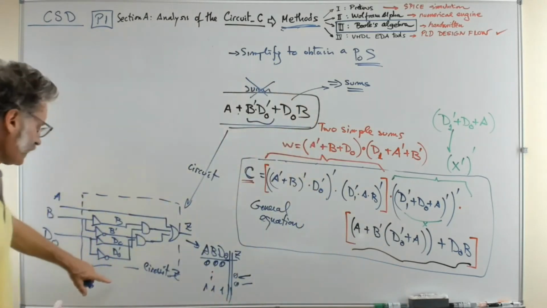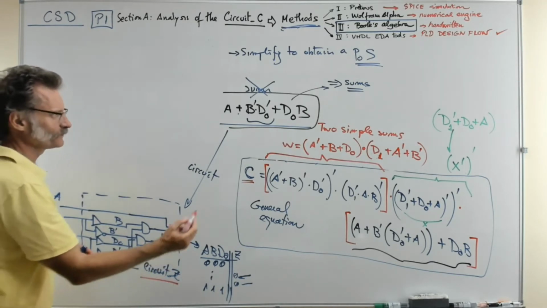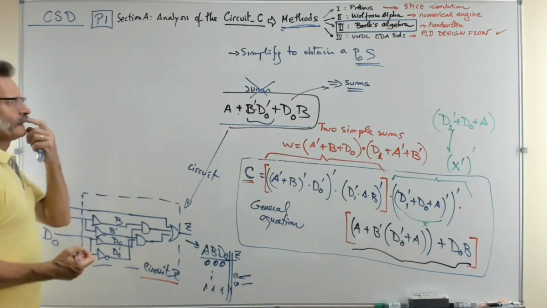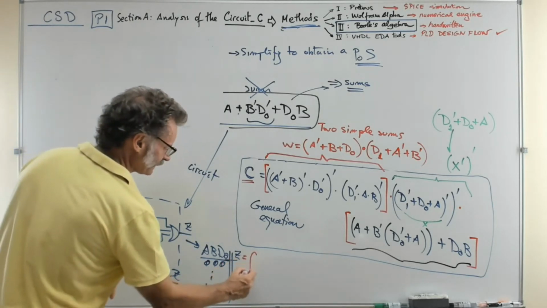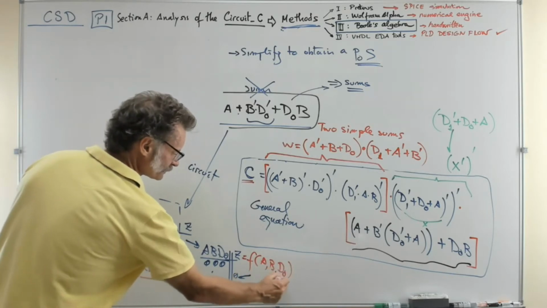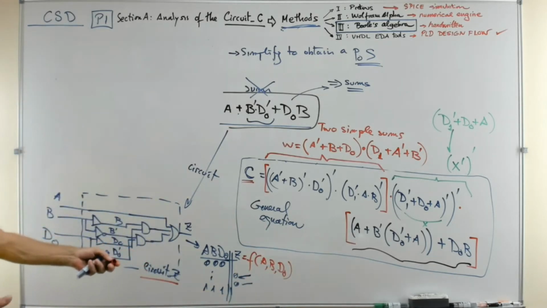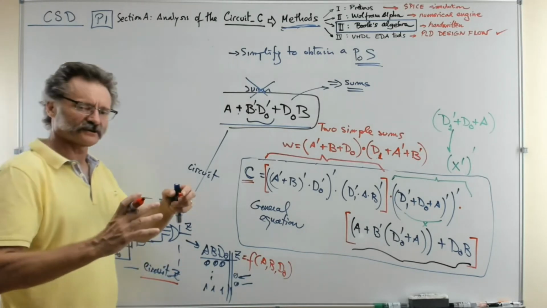So if you are now studying a function like this one, the function Z, which has this equation, you have to find the truth table of Z as a function of A, B, and D0, for example. And you have to find something that you can recognize.